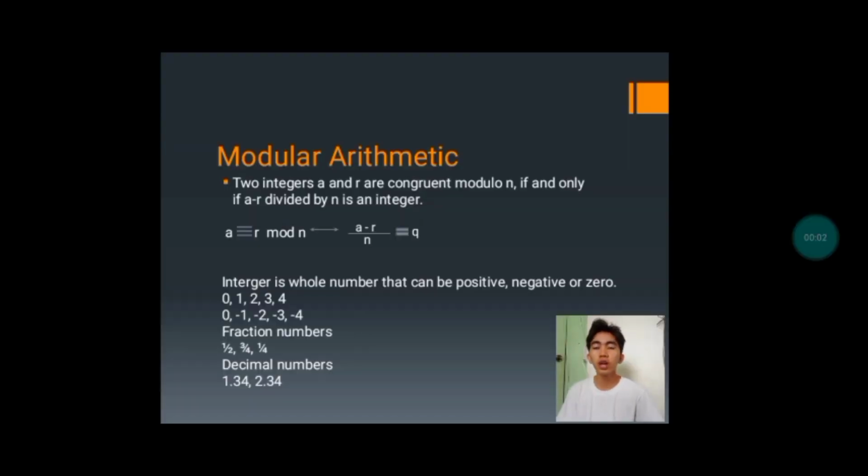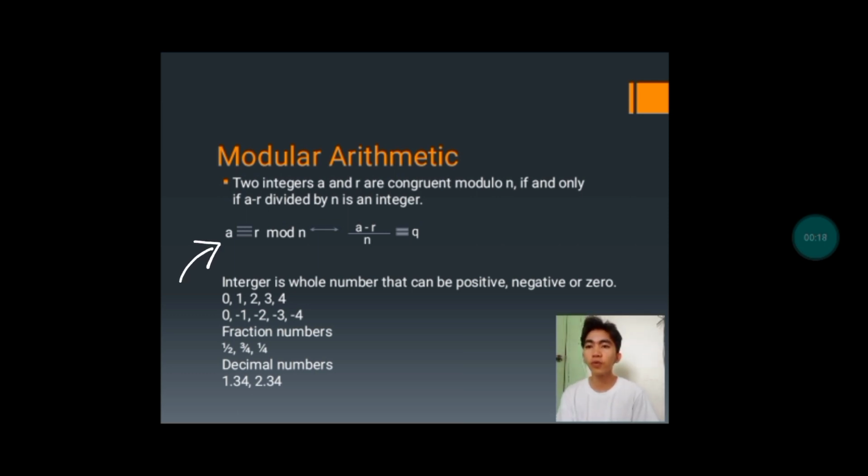In this video, I'm going to show how to solve modular arithmetic. When we say modular arithmetic, two integers a and r are congruent modulo n if and only if a minus r divided by n is an integer.